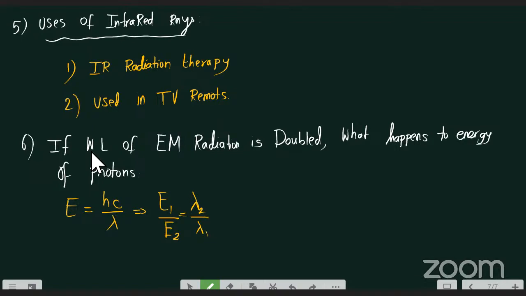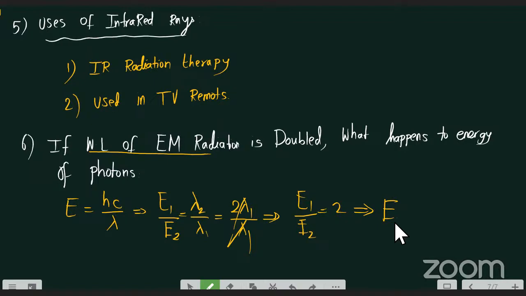The wavelength of electromagnetic radiation is doubled, so lambda 2 becomes 2 lambda 1. So this becomes 2 lambda 1 divided by lambda 1; the lambda 1 cancels. So E1 by E2 is equal to 2, that is, E2 is equal to E1 divided by 2.